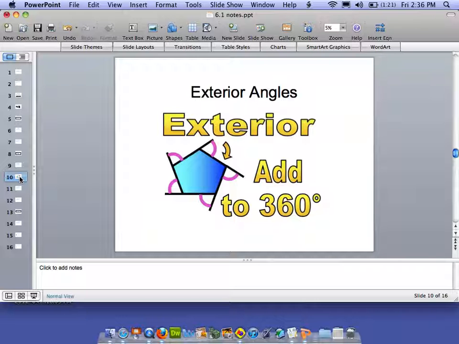Now, those exterior angles, which are the ones on the outside, if we took one at each vertex, those are going to add to 360. It doesn't matter how many sides there are. The exterior angles, one at each vertex, will sum to 360.